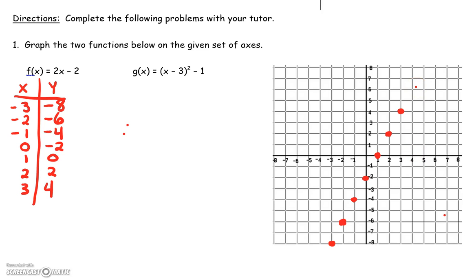I could also plot 5, 8, and I could keep going in this way. Instead of plotting all of those points, because there would be an infinite number, I draw a line through the dots, showing that all the points in between and extending in both directions would also be input-outputs of this function. Hence the line, hence the arrows.